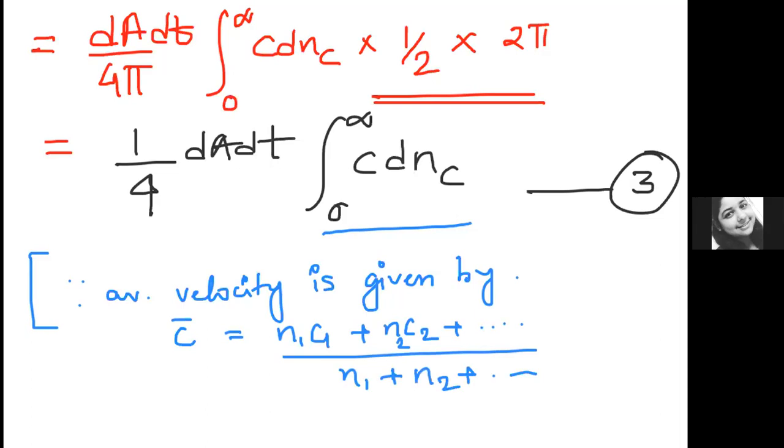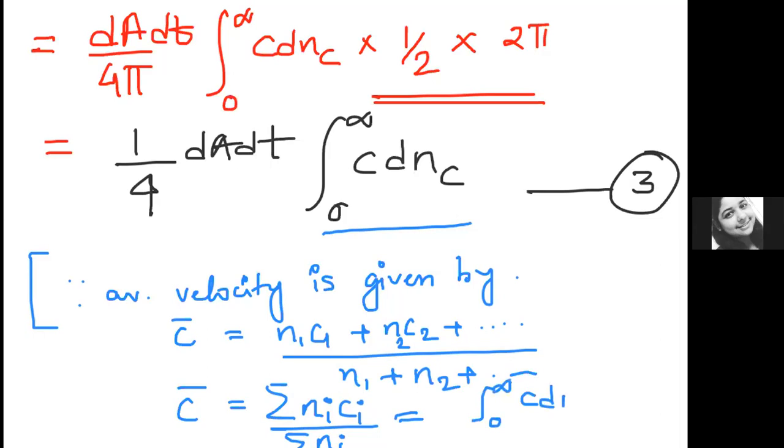So we can write C bar as the summation of Ni Ci, where i goes from 0, 1, 2, 3 till n, divided by Ni. I can also write it in integration form as 0 to infinity C dN sub C by n.